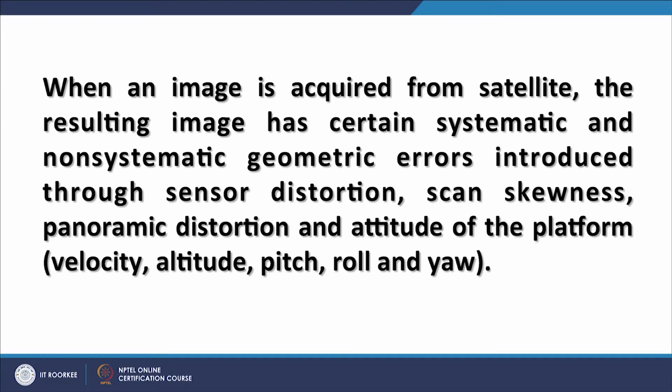In the early stages of satellite remote sensing, errors like scan skewness, sensor distortions, and other panoramic distortions were greater. Nowadays these errors are becoming much less, but nonetheless they might be there, and they distort the image, and we call them geometric errors in the image.